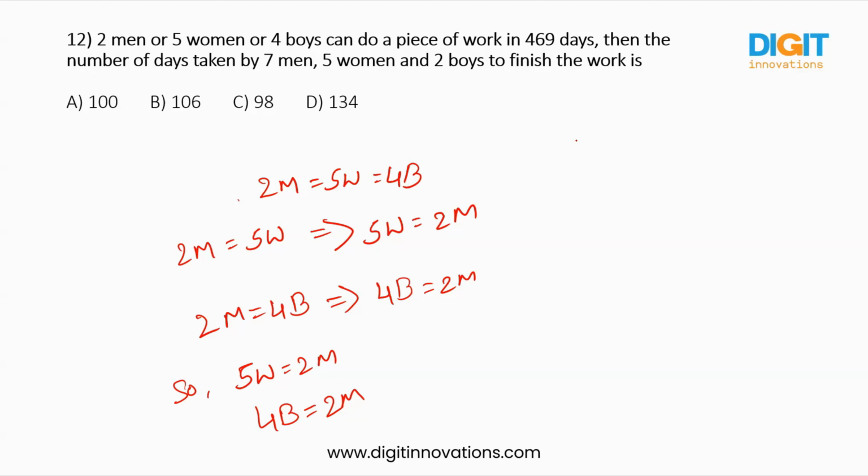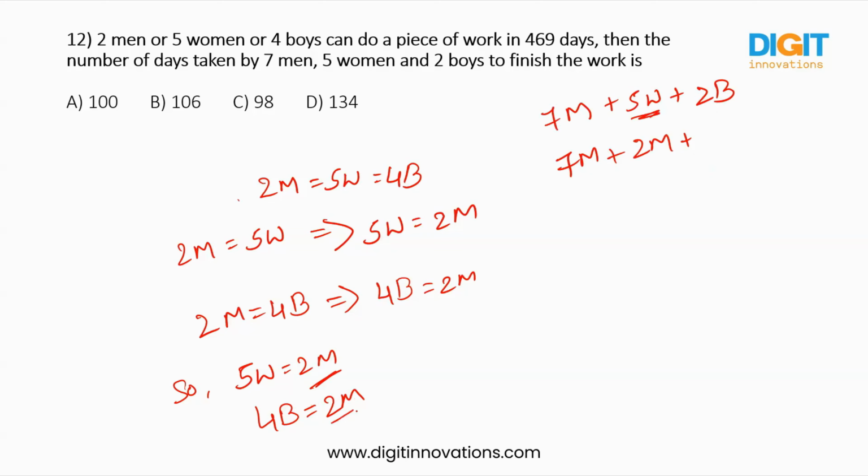Okay, now convert this 7 men plus 5 women plus 2 boys. Okay, 7 men, I'll take it as 7 men only. I'm converting 5 women. 5 women, you can write it as 2 men, right? 2 boys, you can write it as 4m, right? Because here 4 boys were there.